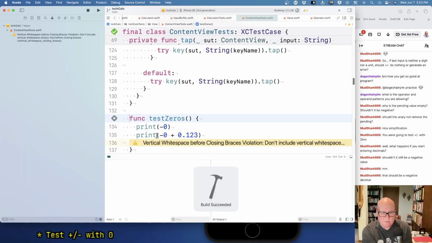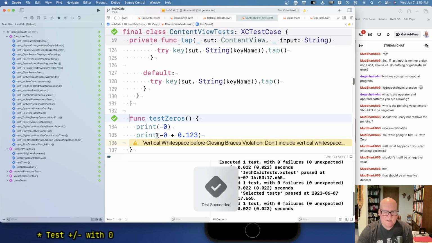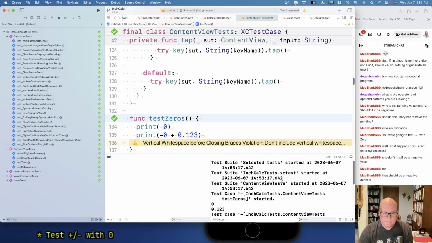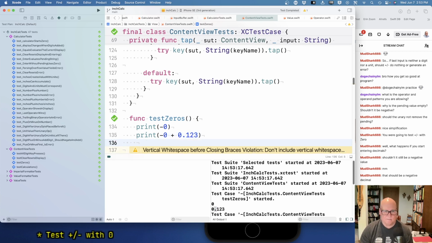I don't know if Swift will make that a -0, or if it'll optimize it into a 0. It will. Okay. Interesting. -7 plus 7, is that a -0? I don't think it's going to be.